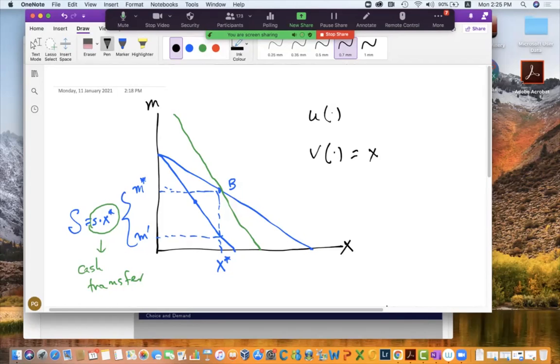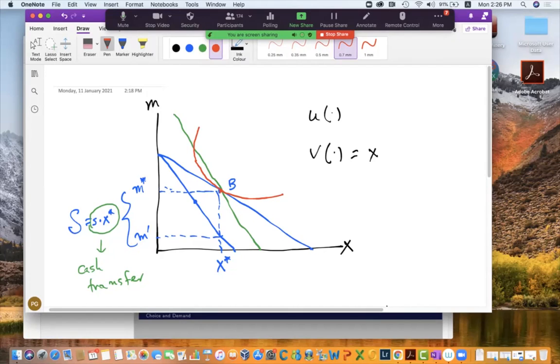So as you can see, if we convert it to a cash transfer program, remember that when there was a subsidy, there was a tangency at point B. If we switch to a cash transfer at B, the budget line becomes steeper, and so the substitution effect will be the effect, really.